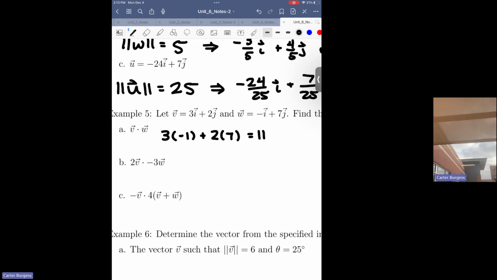No, you're not foiling. It's just multiplying the x's, multiplying the y's, and then adding. You can distribute.